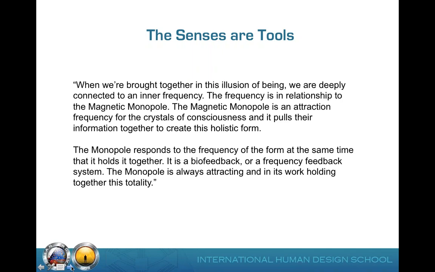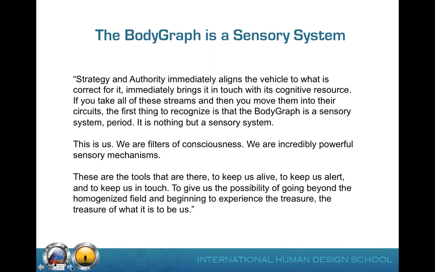So it holds us together in this experience that we're having in this body. The design and the personality side are held together by this magnetic monopole. And the monopole responds to the frequency of the form at the same time that it holds it together. It's a biofeedback or a frequency feedback system. The monopole is always attracting and in its work holding together this totality.